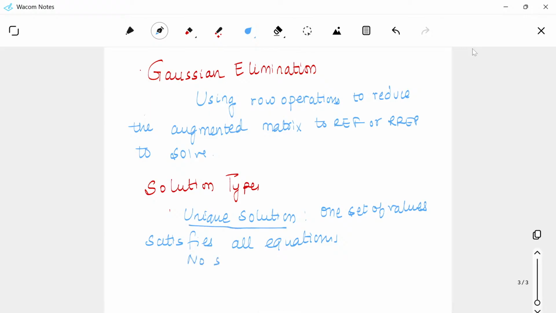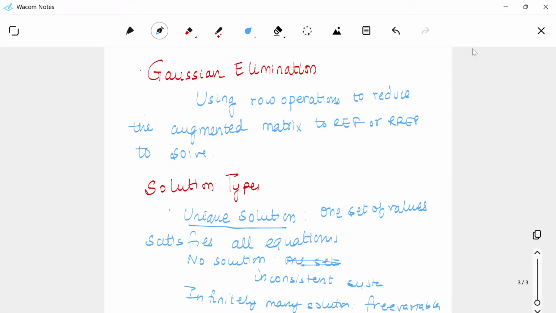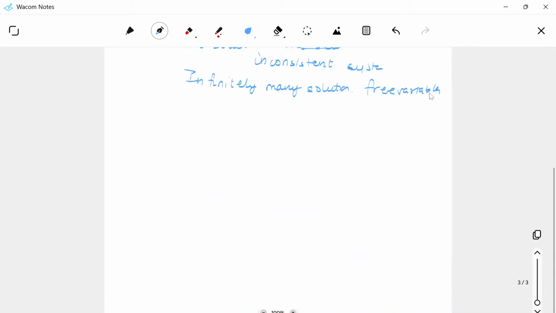No solution would be an inconsistent system. 3, 0, minus 2, minus 4, and then you have infinitely many solutions. Free variables: 1, minus 1.